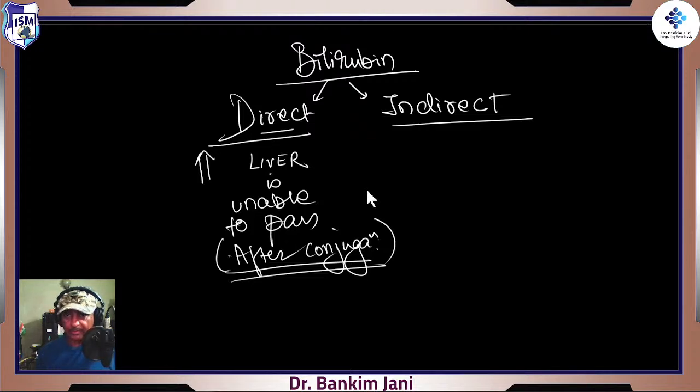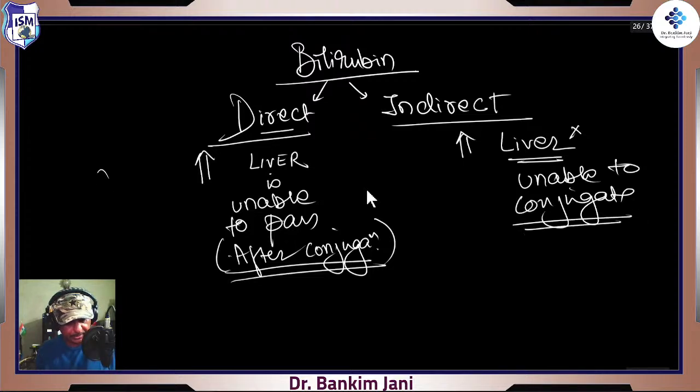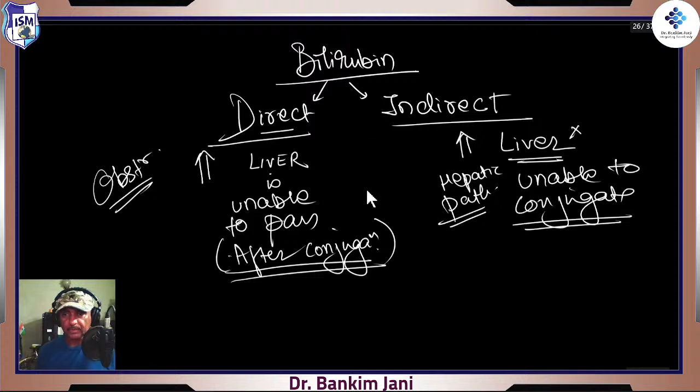What about indirect? Well, in indirect, the liver is at fault, right? The liver is unable to conjugate. It is the problem of the liver. So over here, this is because of some obstruction, and over here it is hepatic pathology, right? Or it could be that there is so much increased production of bilirubin, maybe because of hemolysis, like sickle cell anemia, right?